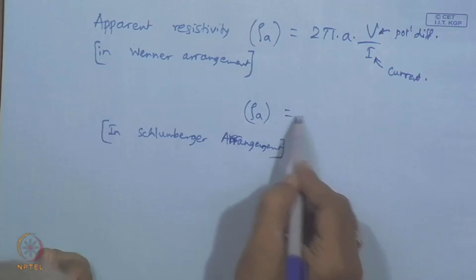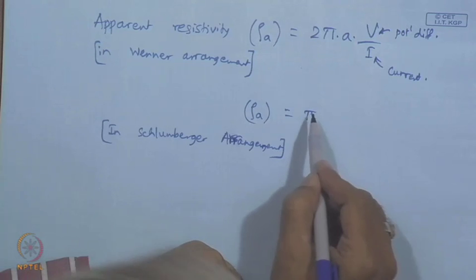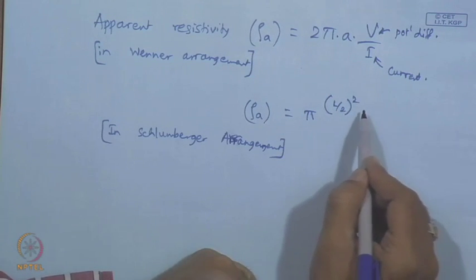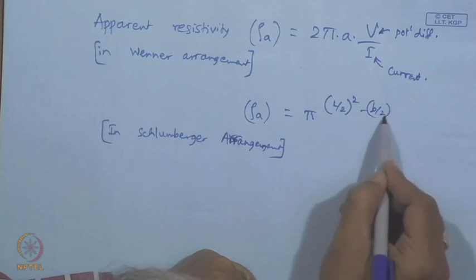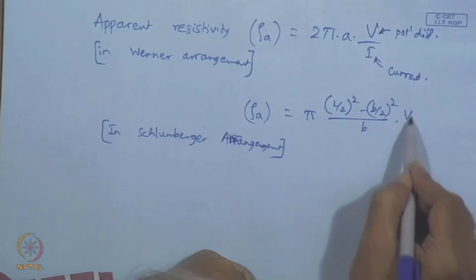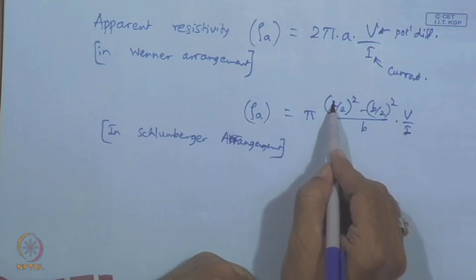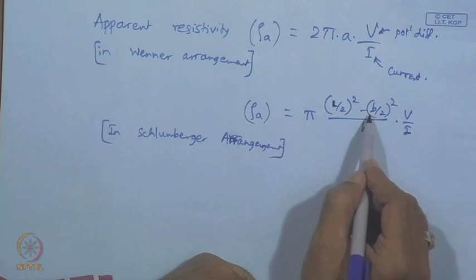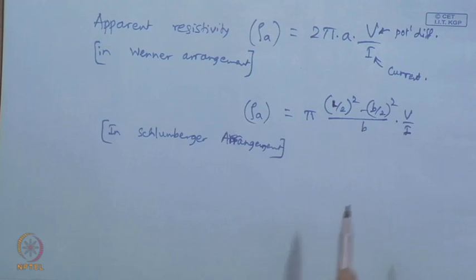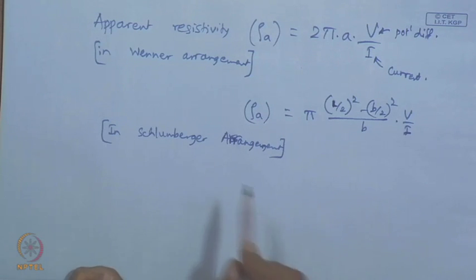This rho A is given by pi into ((L by 2) square minus (B by 2) square) divided by B, into V by I, where L is the distance between the current electrodes and B is the distance between the potential electrodes. So, this is the expression for the apparent resistivity in the case of the Schlumberger arrangement.